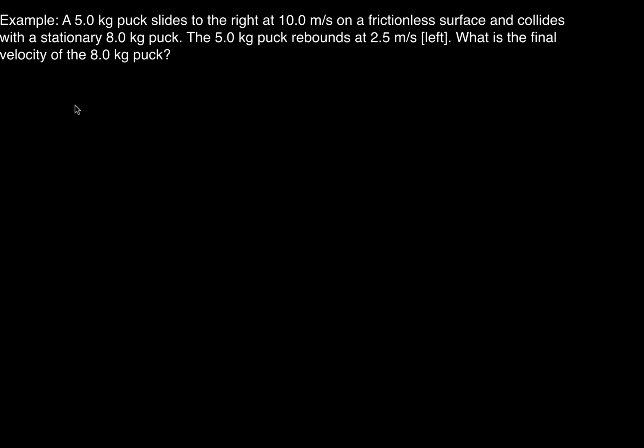So it helps sometimes to draw a picture of the situation so we can properly visualize what's happening. In this situation, we have a collision, and we have a before the collision and after the collision. So before the collision, we have a 5 kilogram puck sliding to the right at 10 meters per second, colliding with a stationary 8 kilogram puck.